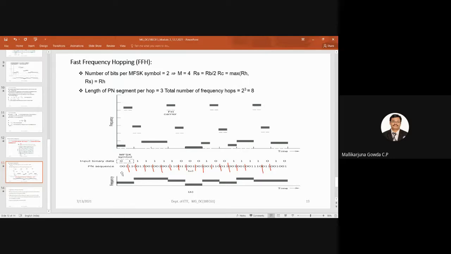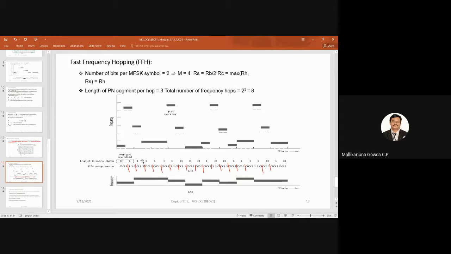With respect to this example, the first hop will be at FC1, the second hop will be at 110, that is FC6. Then the next hop will be at 011, that is FC3. If I say this is FC0, FC1, FC2, FC3, FC4, I think 0 is not there.